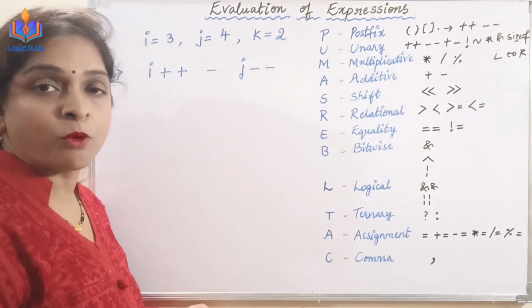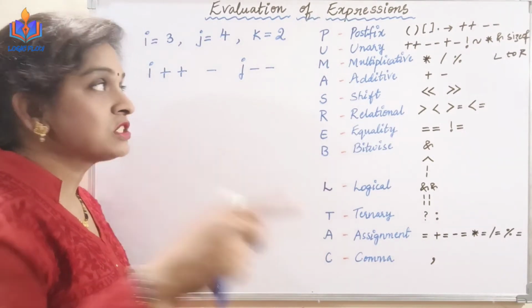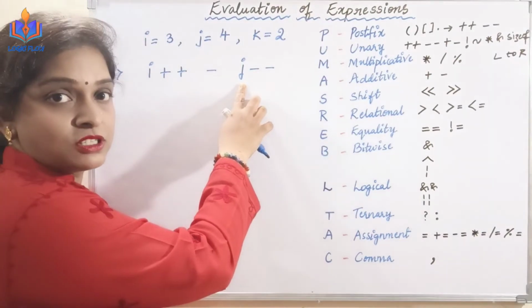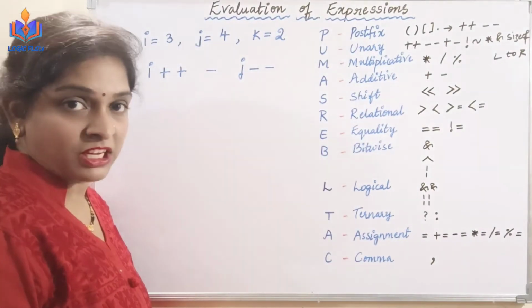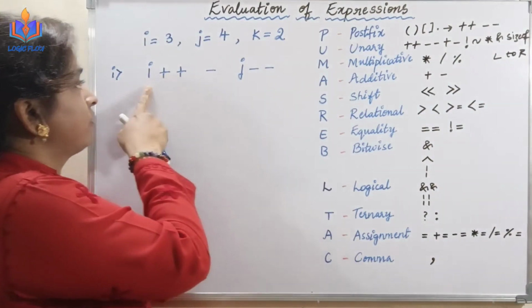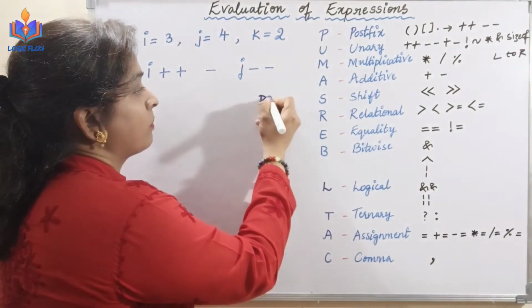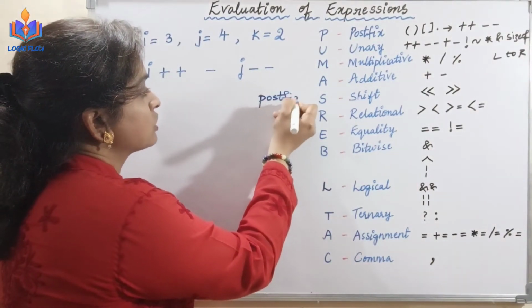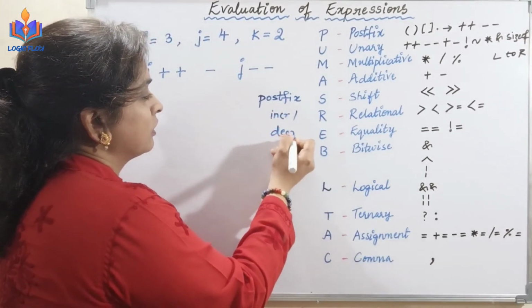According to postfix increment or decrement, it says to use the value of the variable first and then apply the operator. You have the variable name first and then the operator. So it is postfix increment or decrement.